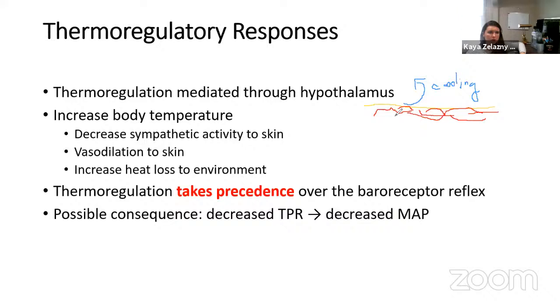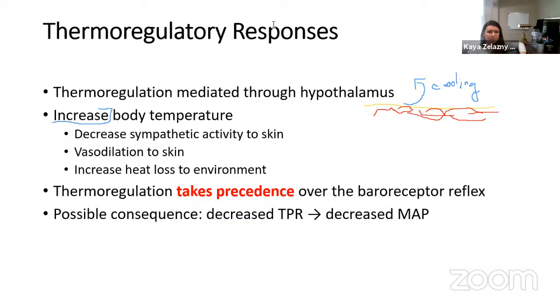Okay. So this means that basically it decreases sympathetic activity to the skin. Do you remember constricted stuff? So it causes vasodilation in order to change your body temperature. So this is like a response to increases in body temperature rather than a reaction that does increase body temperature.